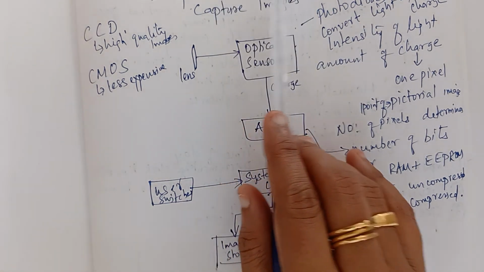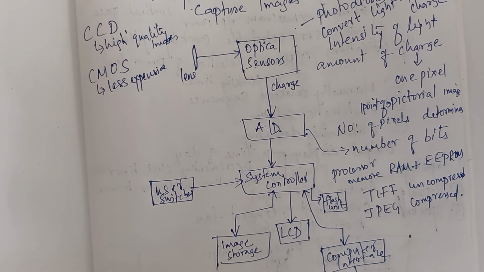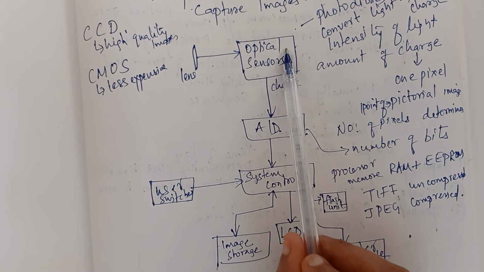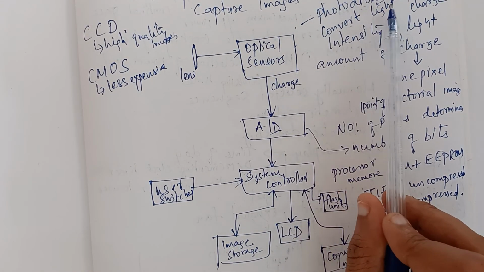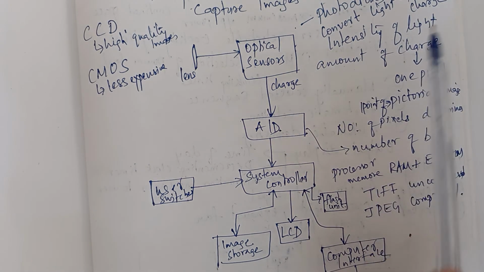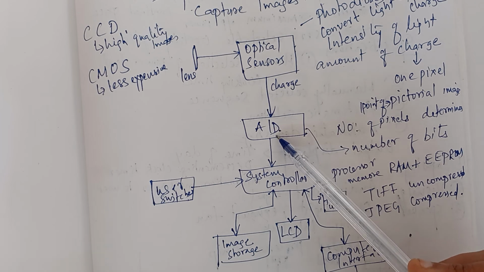Now let us just conclude what we were saying. We were talking about the digital camera, which has more performance and facilities than our traditional camera that uses film to capture images. A digital camera uses an optical sensor consisting of a photodiode which converts light into electric charge, an analog quantity which should be converted to digital using an A to D conversion unit.